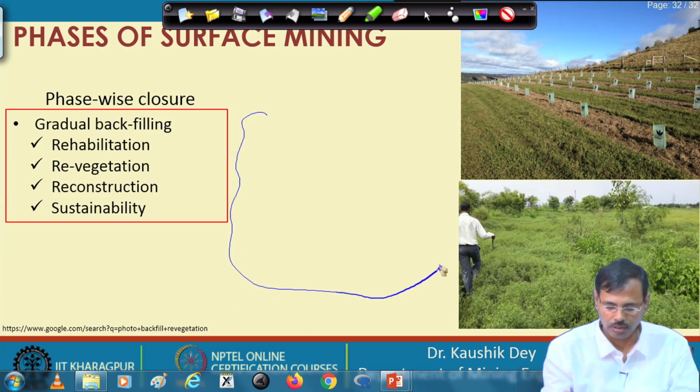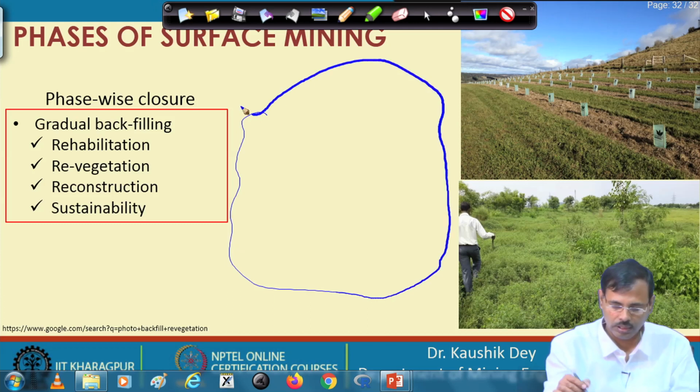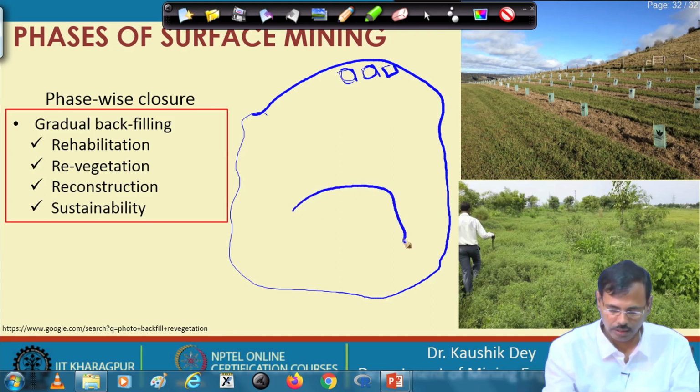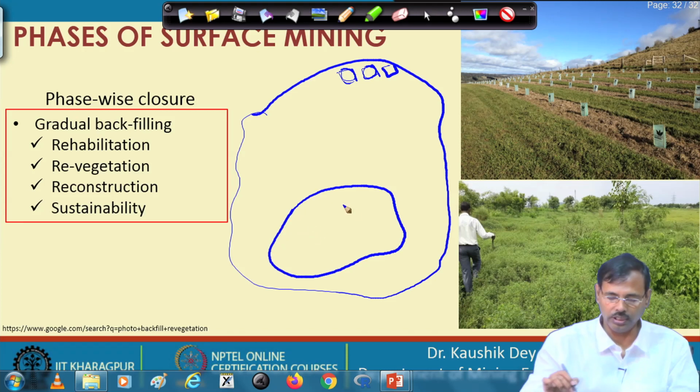Let us say we have some township here at this position, and we have carried out mining at this position.